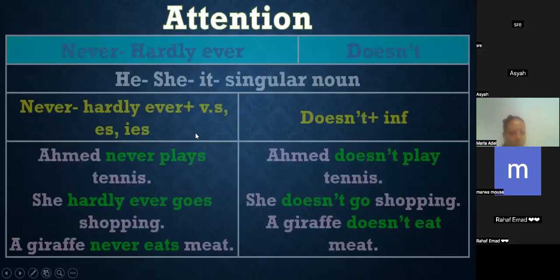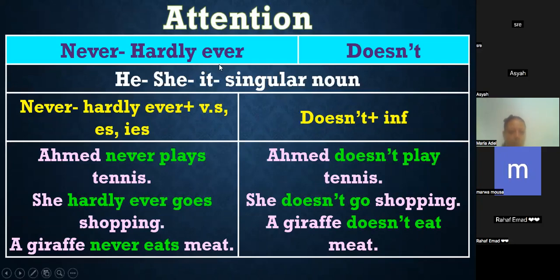Let's pay attention to this point. This is the most important thing, and most of you as students get confused in this point. As I said, never and hardly ever are negative forms. And yesterday we took doesn't as a negative form in the present simple, right? So what is the difference between never and hardly ever and doesn't, especially when they come with he, she, it, or any singular noun?